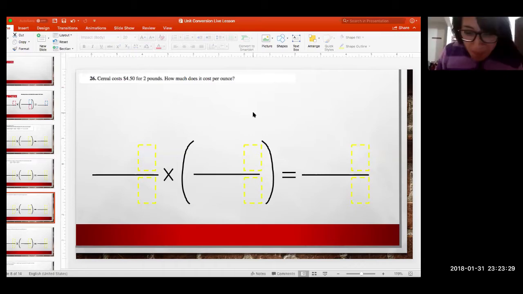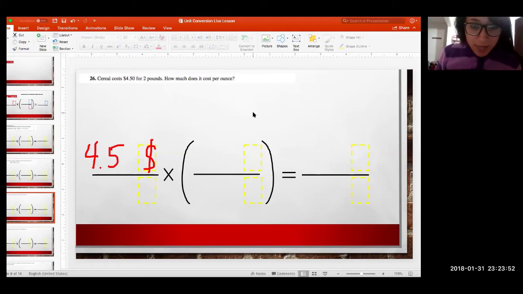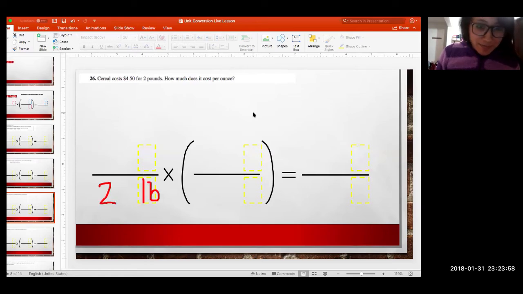First, we have to put dollars at the top of the fraction. So it's $4.50. Good. For 2 pounds, and pounds at the bottom.